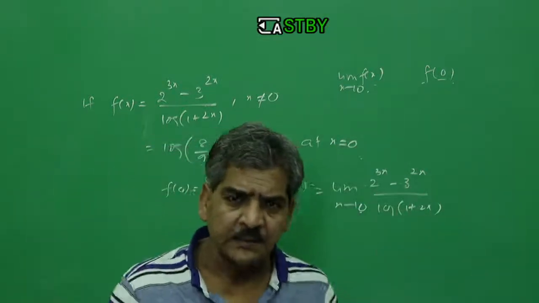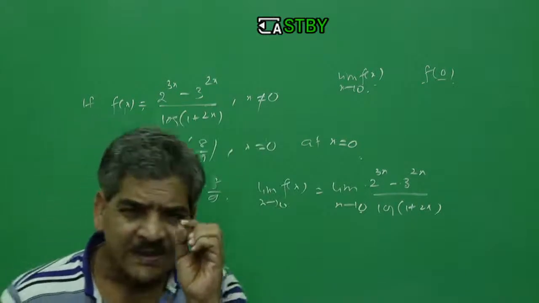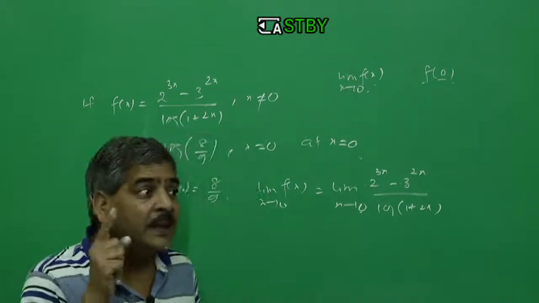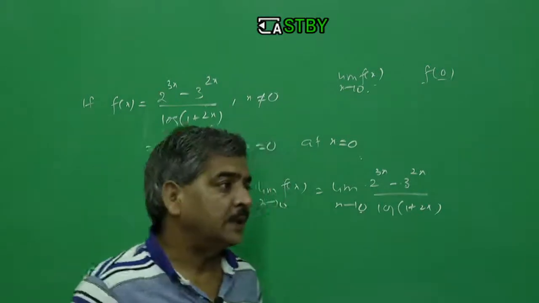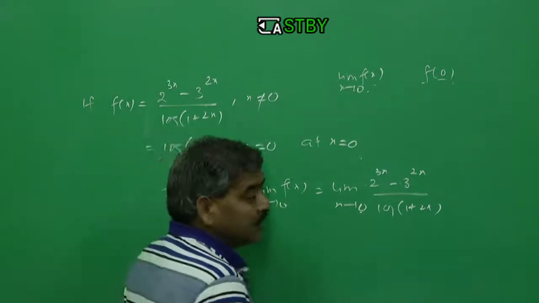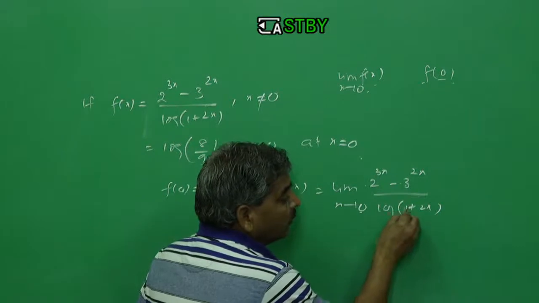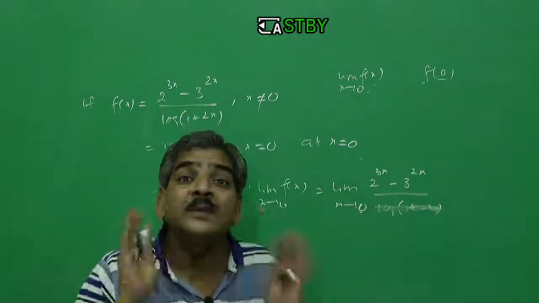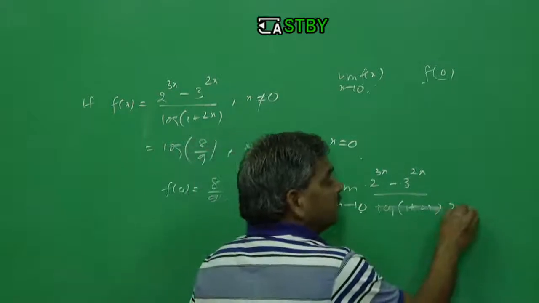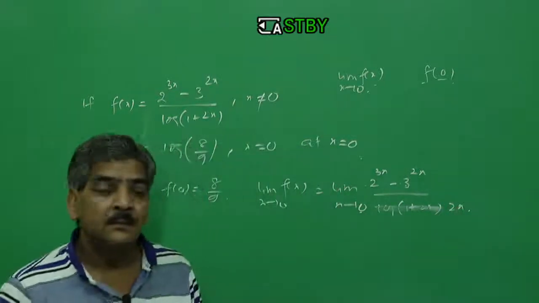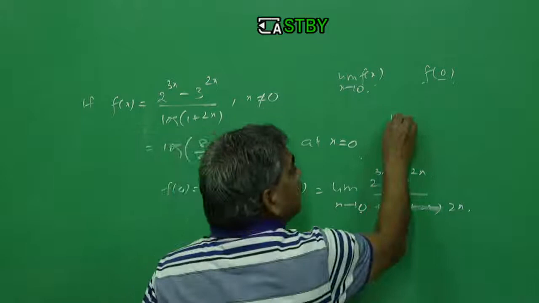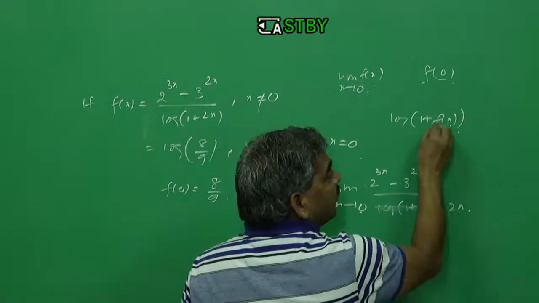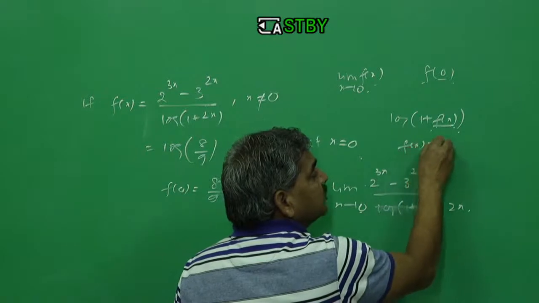बिना सोचे समझे। मेरे पास थोड़ा सा एक्स्ट्रा दिमाग है, मैं ज़्यादा सोचता हूँ। मैंने अप्रोक्सीमेशन बताया था। क्या बताया था? लॉग ऑफ 1 प्लस 2x, दिस क्वांटिटी इज अप्रोक्सीमेट इक्वल टू 2x. यस, दिस क्वांटिटी log of 1 plus f of x, provided this f of x must tend to 0.